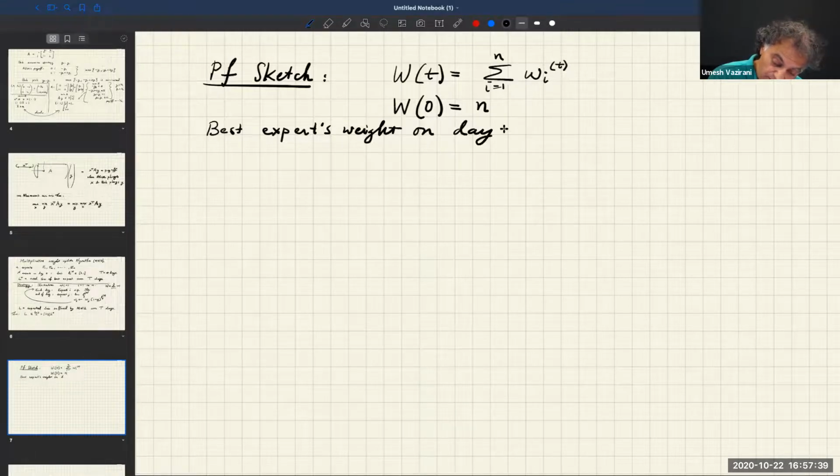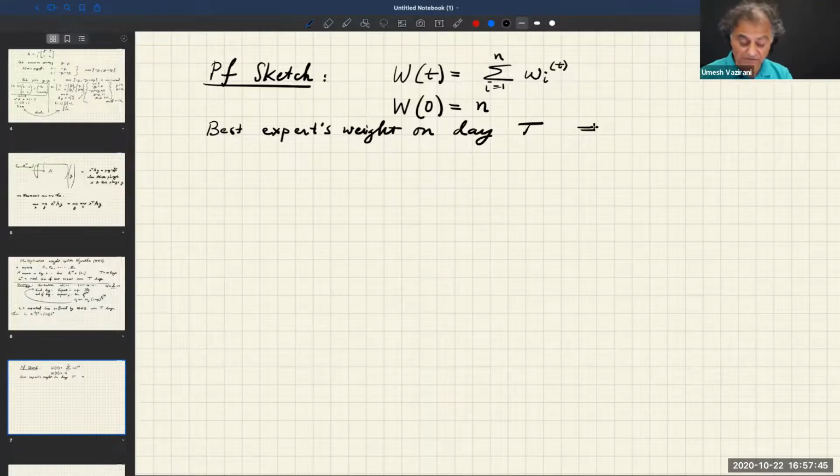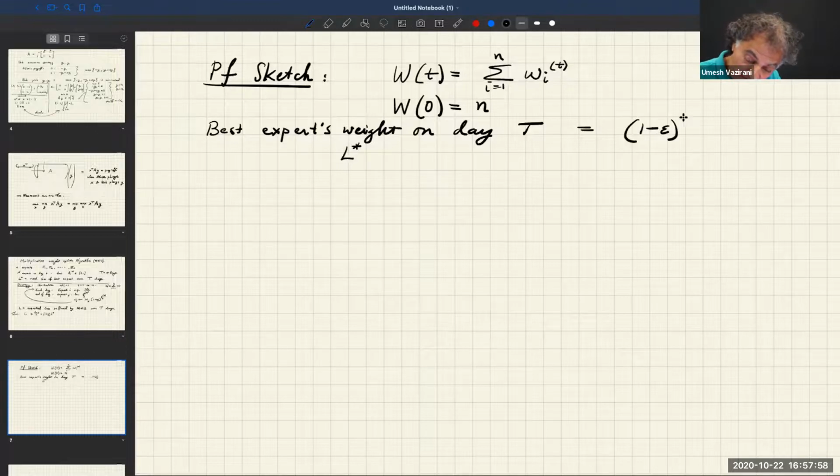On day number t, at the end of day t, remember the best expert suffered a loss of L star, right? That was the smallest loss anybody suffered. So what's the weight of the best expert? It's just going to be (1 minus epsilon) raised to the power of L star.